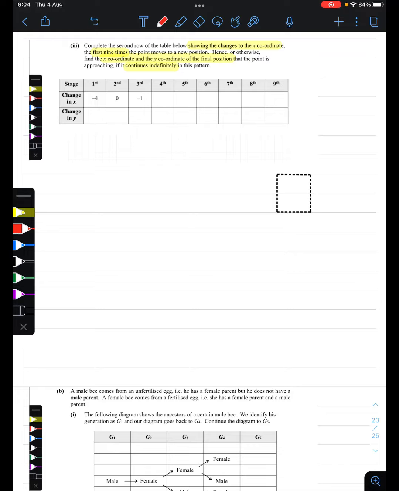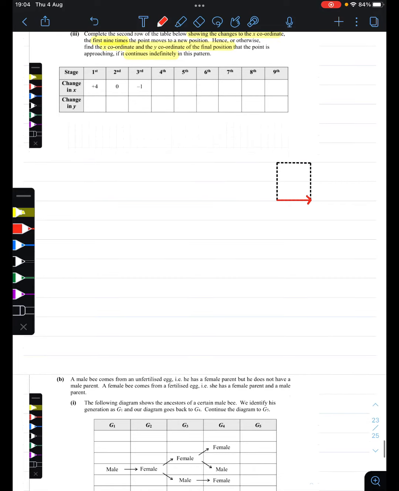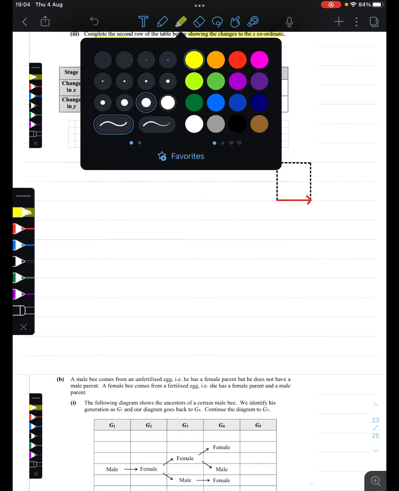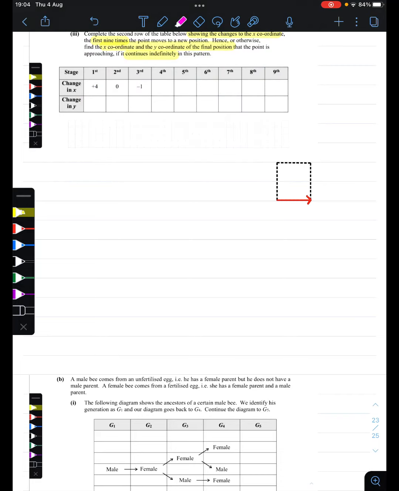Okay, so the first time he travels to the right, and he travels 4 units, so we have this plus 4 here. So let's say S1 equals plus 4 horizontally.